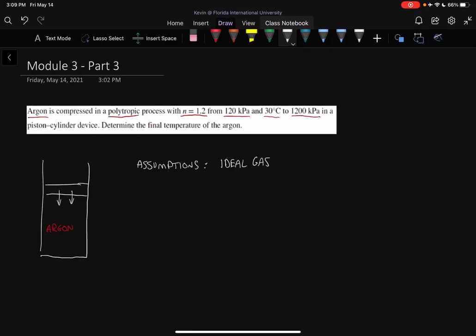We could check if we can use ideal gas using our compressibility factor, but in this case we're just going to assume ideal gas because we don't have any extra information. We also can assume that we have absolute pressure. Okay, that's not always an assumption that we make, but we can say that we have absolute pressure. So we're not told that anything is gauge pressure, we're told the pressure, so we're going to assume absolute pressure. And obviously from the question we know it's a polytropic process.